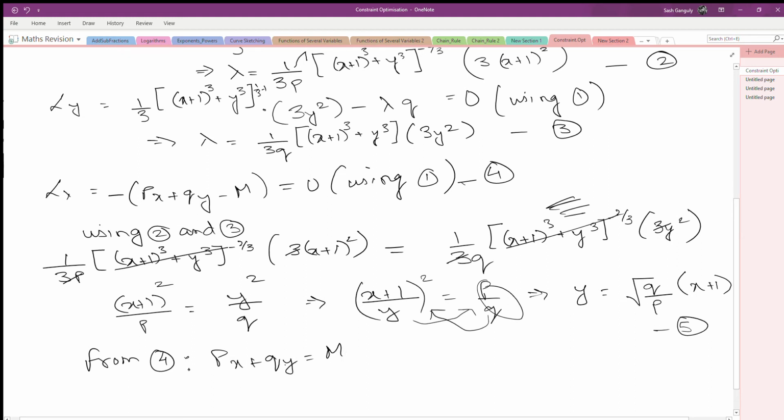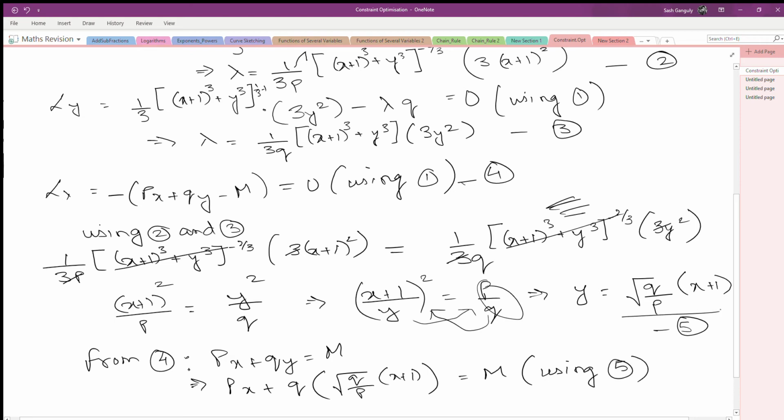Now if I substitute y using 5, then I have px plus q times root q by p times x plus 1, right? So I just substituted y and that is equal to m, and I have used equation 5 for this, which is this one, right?